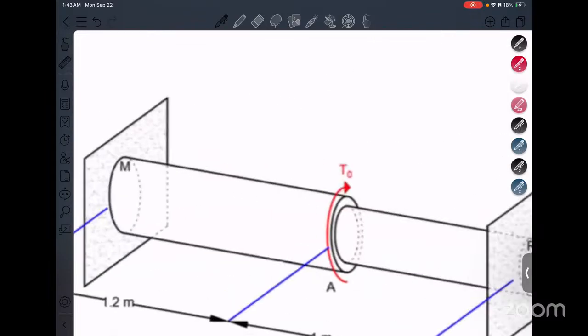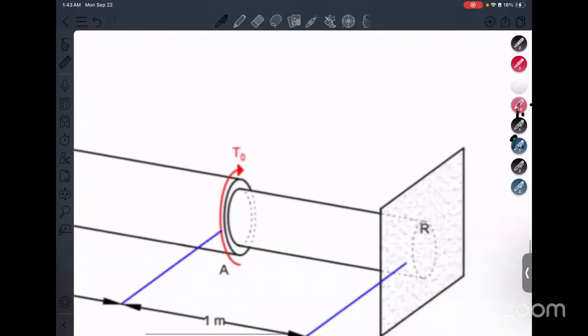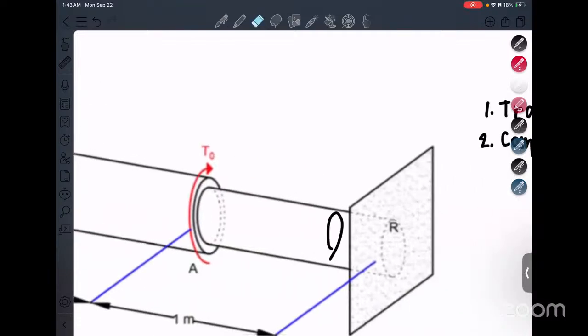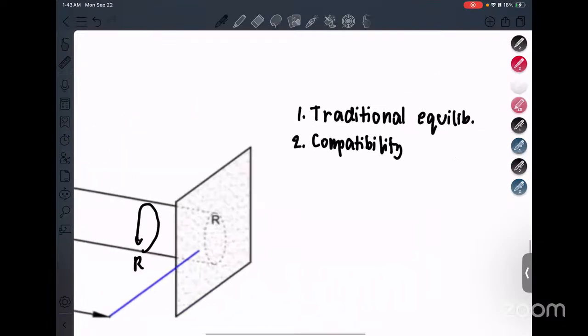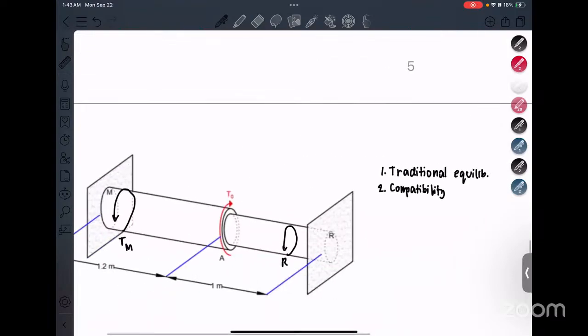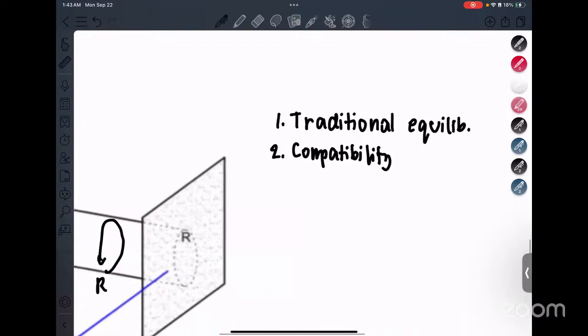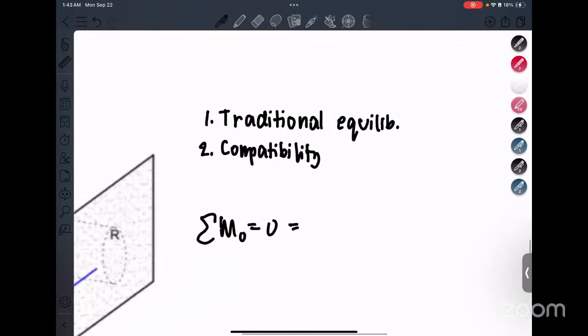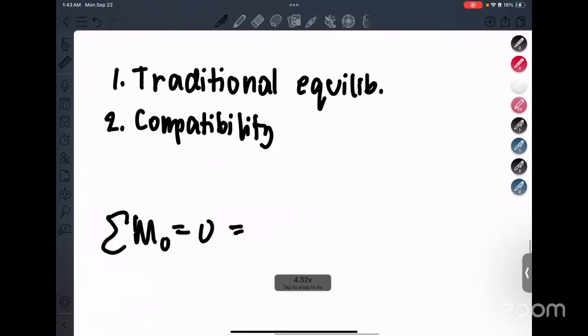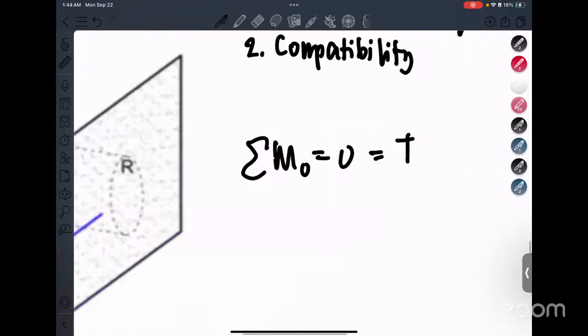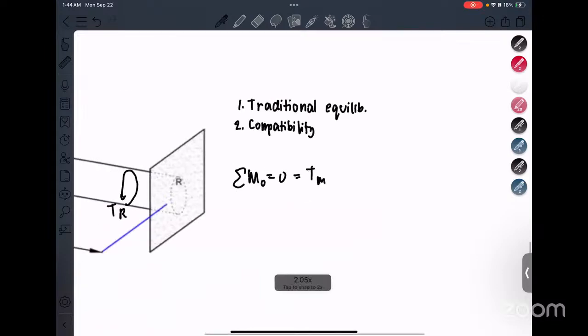Let's arbitrarily assign a clockwise direction. So this is torsion about M, torsion about R. Meaning, the moments across the whole thing is equal to zero, is equal to the moment by torsion M minus T naught plus the moment about torsion R, that's equal to zero.